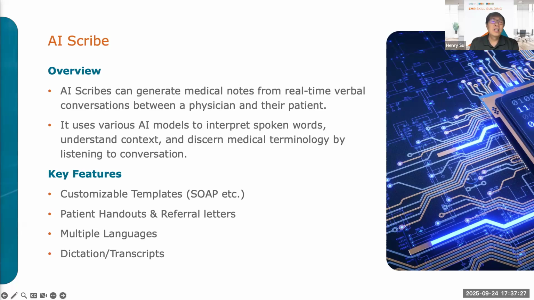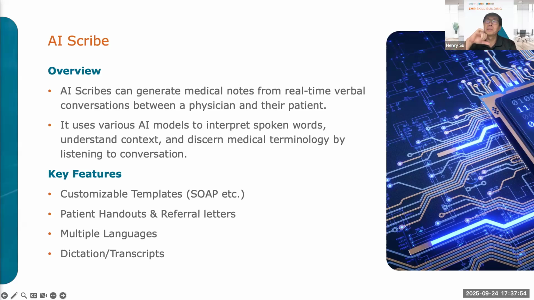Right now, this is just a high-level introduction. We're not diving deep into AI Scribe, but for those that already are using it, you already know what it is. It's basically a large language model AI that will listen to the conversation, transcribe it, and then summarize it. The summarized note can be in a SOAP format, a paragraph format, or point form.